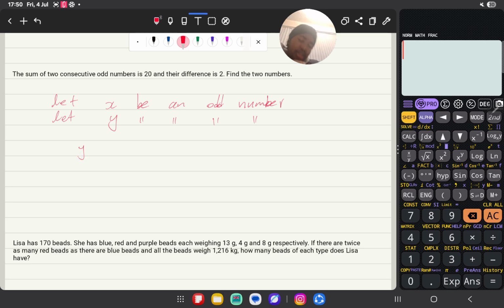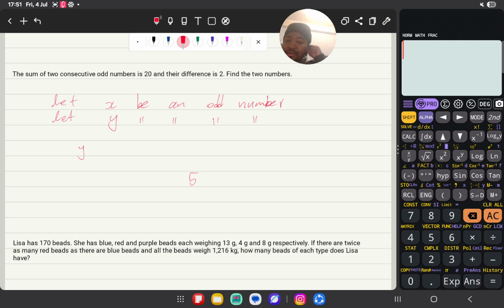Y comes after x, which is good. If x is an odd number, then what is x plus 1? Take 5, an odd number. The next odd number is 7.